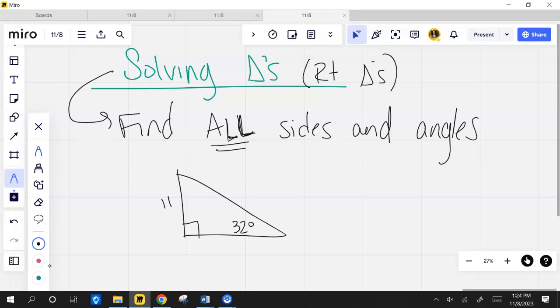All right, so if I say solve the triangle, you gotta find everything. I'm gonna have to put another one at the top because I am missing an angle.